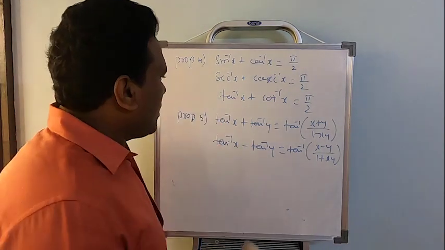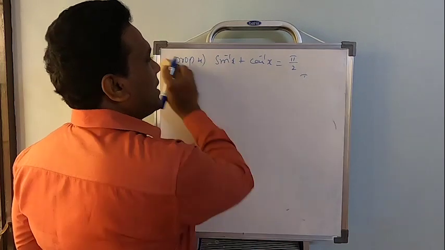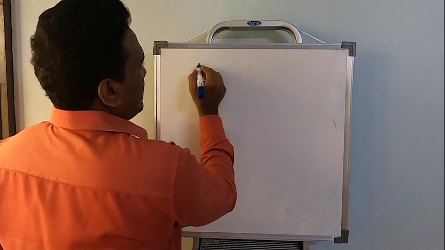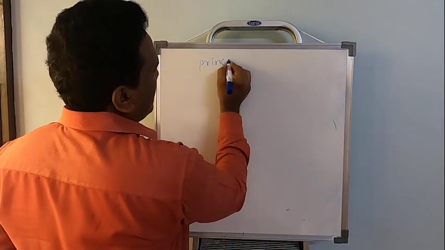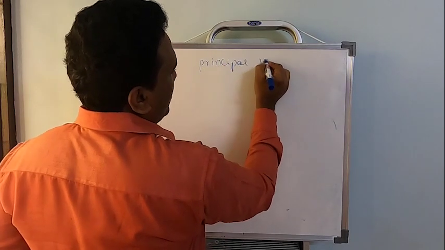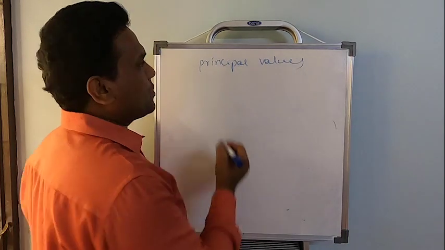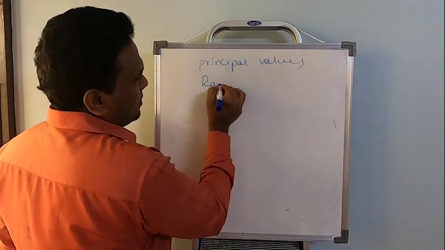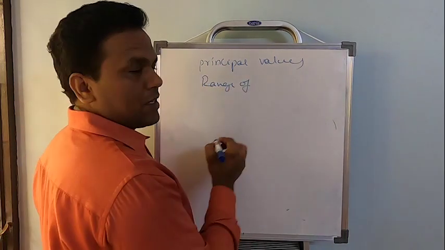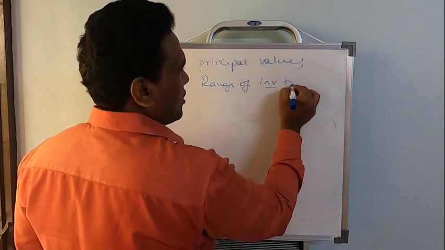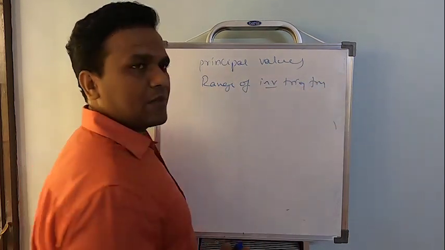Now apart from this, what we have studied yesterday was finding something called the principal values of the given inverse trigonometric ratio. What is principal values? It is nothing but the range of inverse trigonometric functions. That is the meaning.